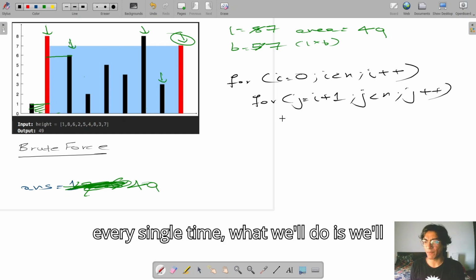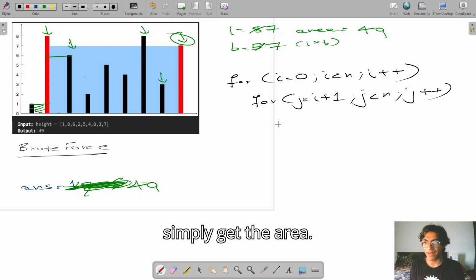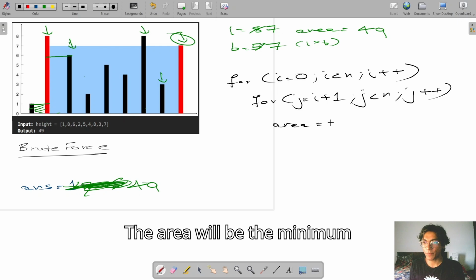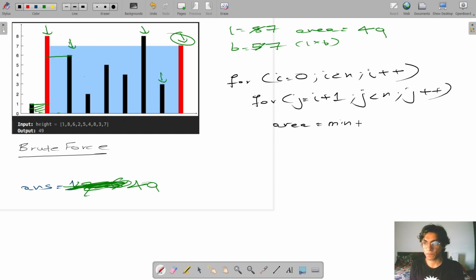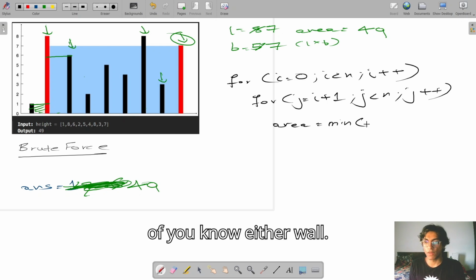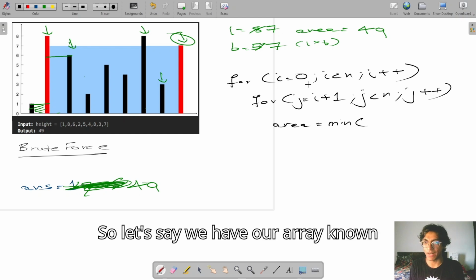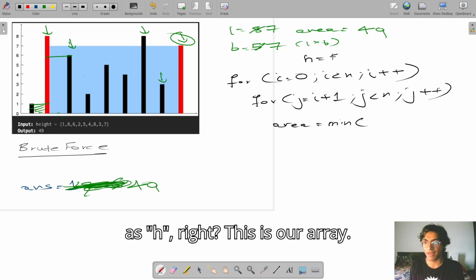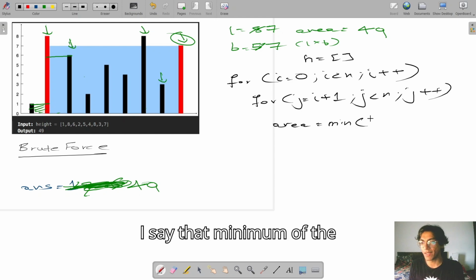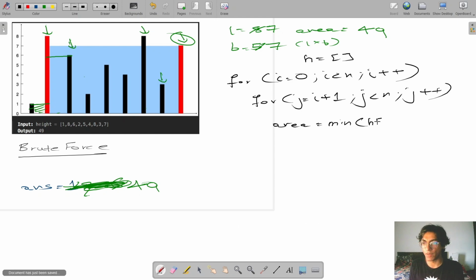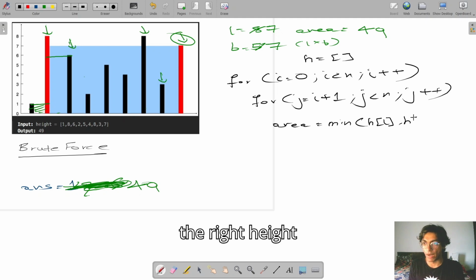And every single time, we'll simply get the area. The area will be the minimum of either one. So let's say we have our array known as H, right? This is our array. I say that it is the minimum of the left height and the right height.